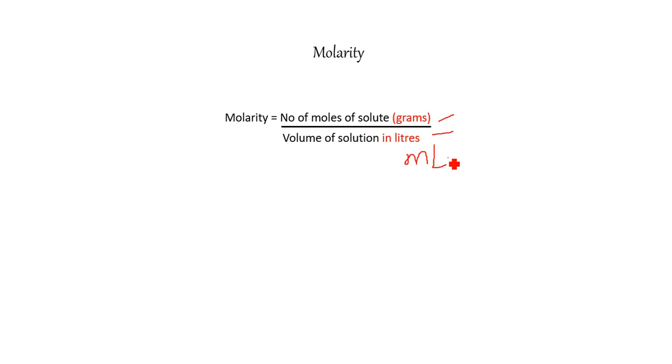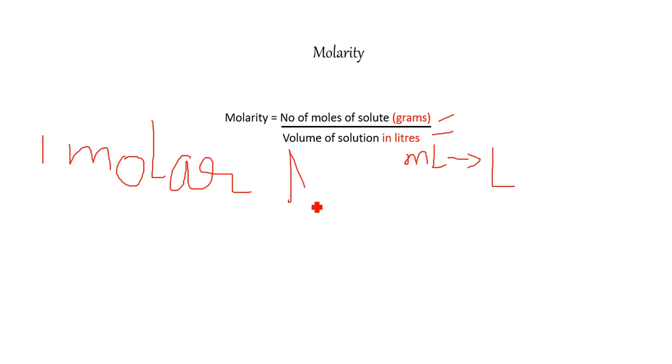So if I tell you I want a 1 molar solution of sodium, just the sodium. Molar mass of sodium is 23, right? Which means there are 23 grams of sodium in 1 mole of sodium.